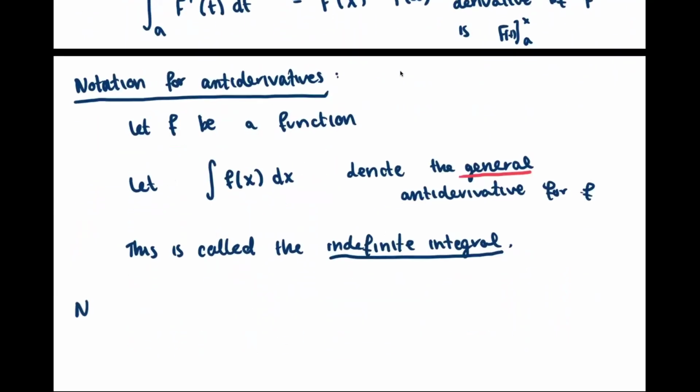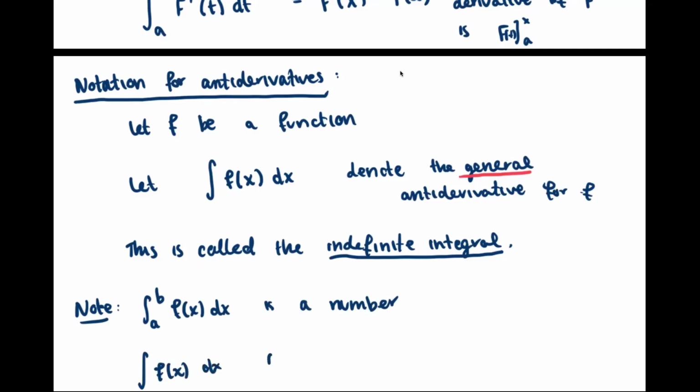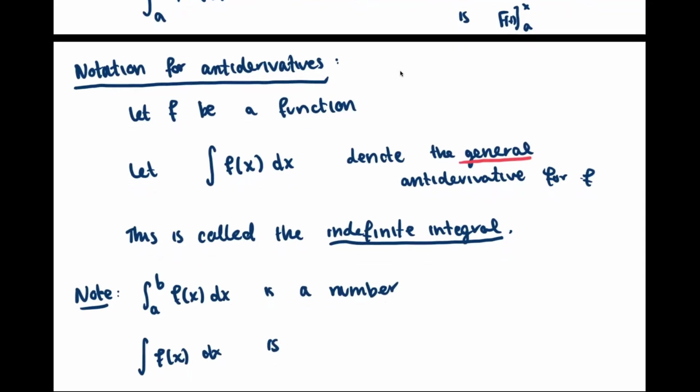I'll make the note that the definite integral, the integral from a to b of f(x) dx, is a number, right? It's going to be one number. And the indefinite integral of f(x) dx is a family of functions corresponding to the set of all antiderivatives.